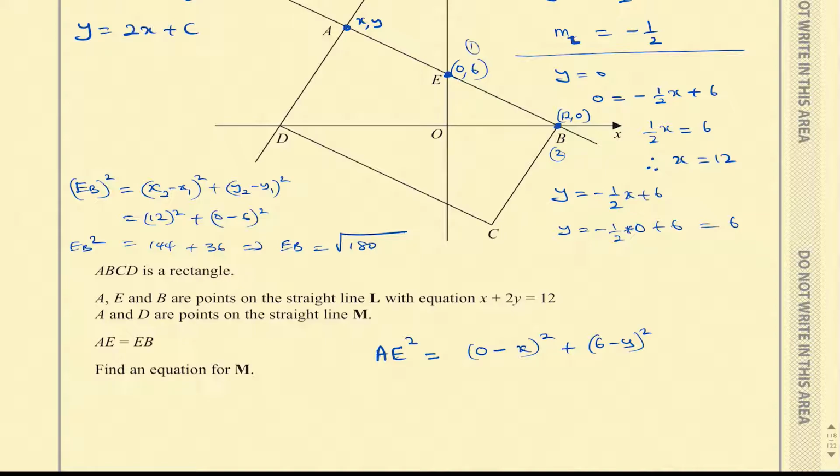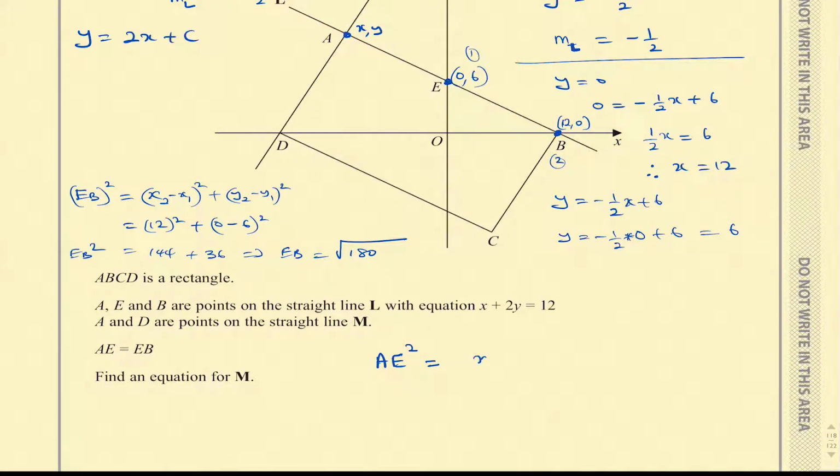Or actually it might be simpler to write X minus 0 squared plus Y minus 6 squared.